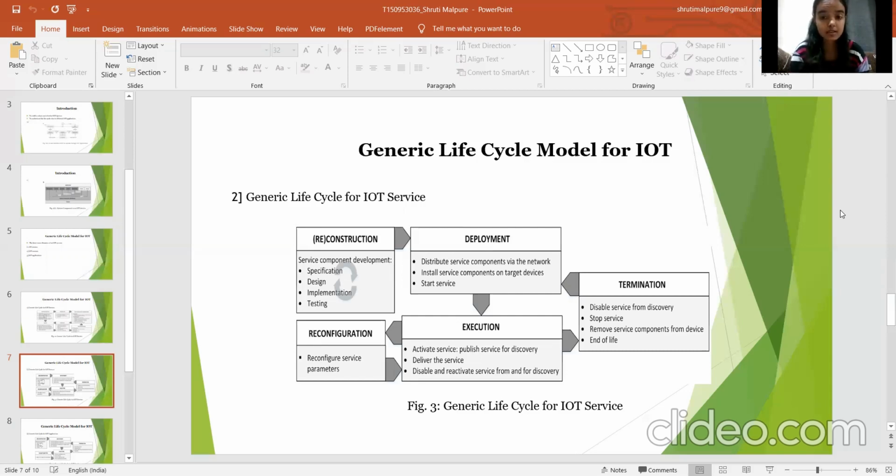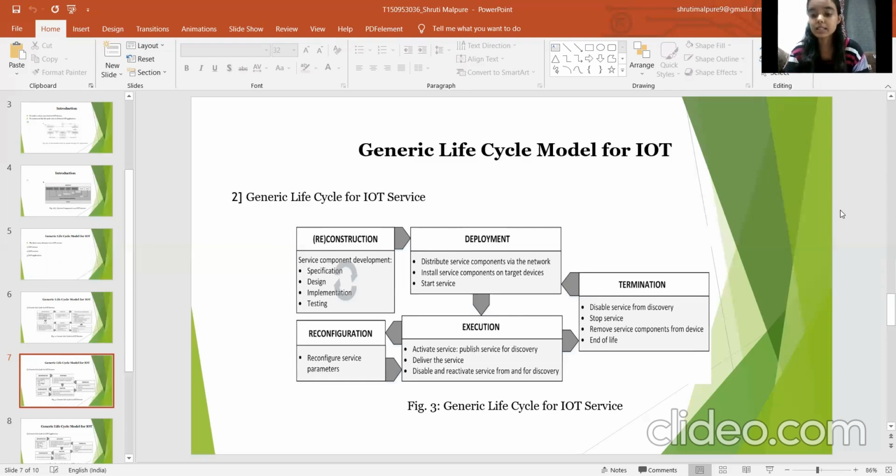When a service is ready to install, it goes to deployment stage. The goal of this stage is to realize service deployment via the network, as once IoT devices are installed and commissioned, physical deployment is no longer feasible due to their high number and remote placement. The next stage is execution.